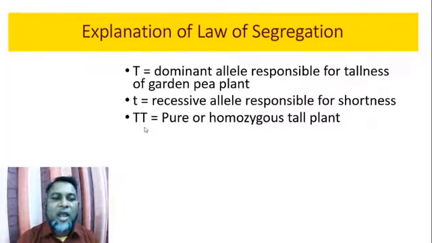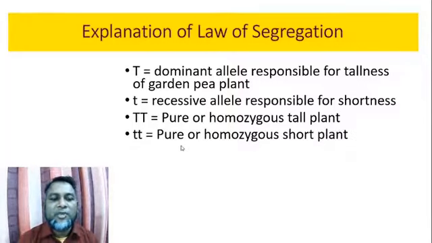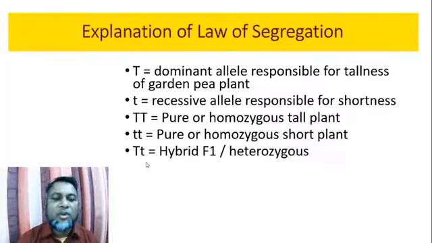Capital T capital T means pure or homozygous tall plant. Small t small t means pure or homozygous short plant. Capital T small t means hybrid F1 or heterozygous tall plant.